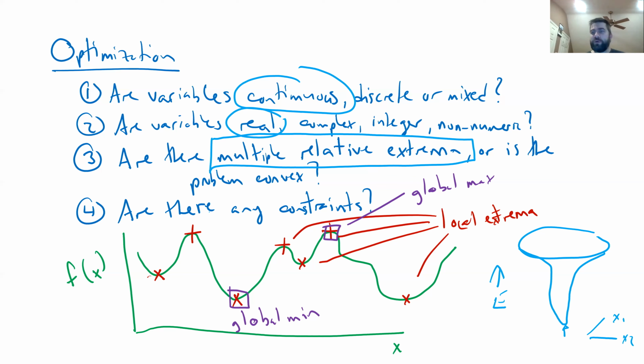But for the time being, we will ignore that part. That is, we have a problem that we want to solve where there are multiple relative extrema, however, with a bias in the energy space, searching over continuous real variables.